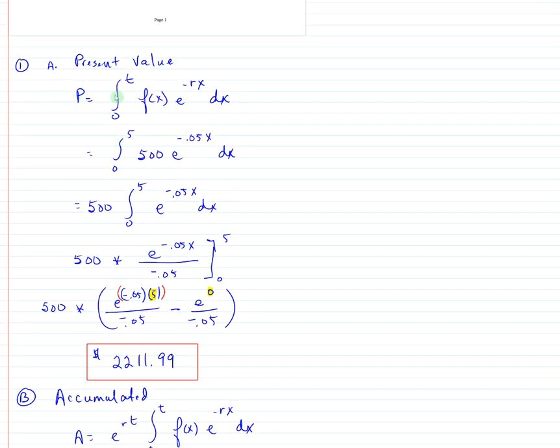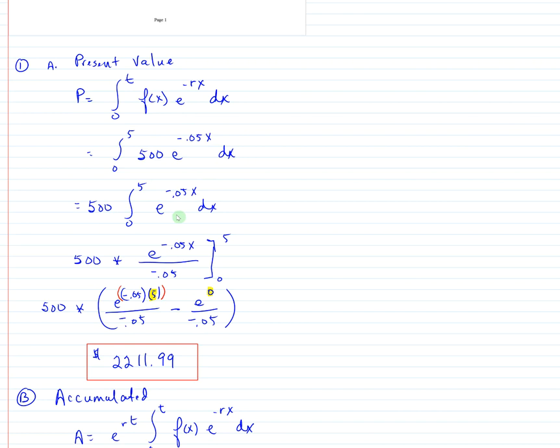So for A, here's our formula. I wrote it straight out again, and when we go 0 to 5, our f(x) is just 500 e to the negative 0.05x dx. You can pull the 500 out, and then here is your integral.